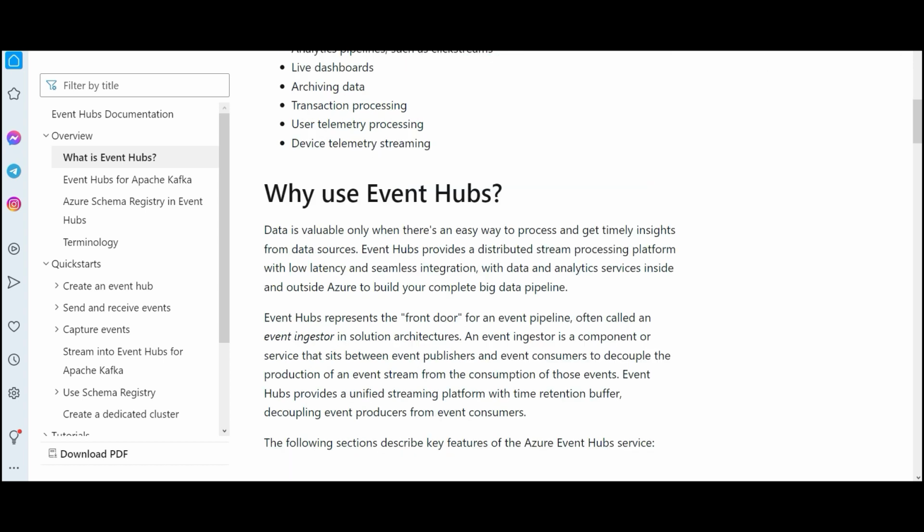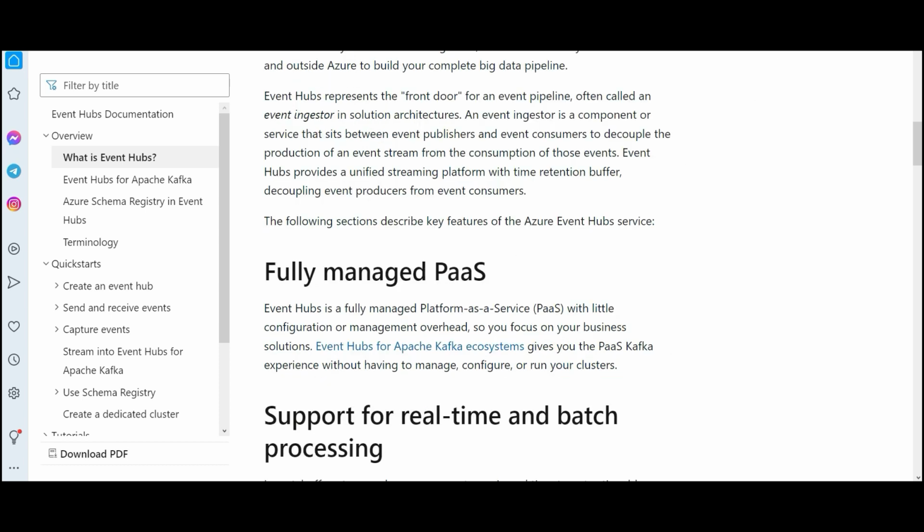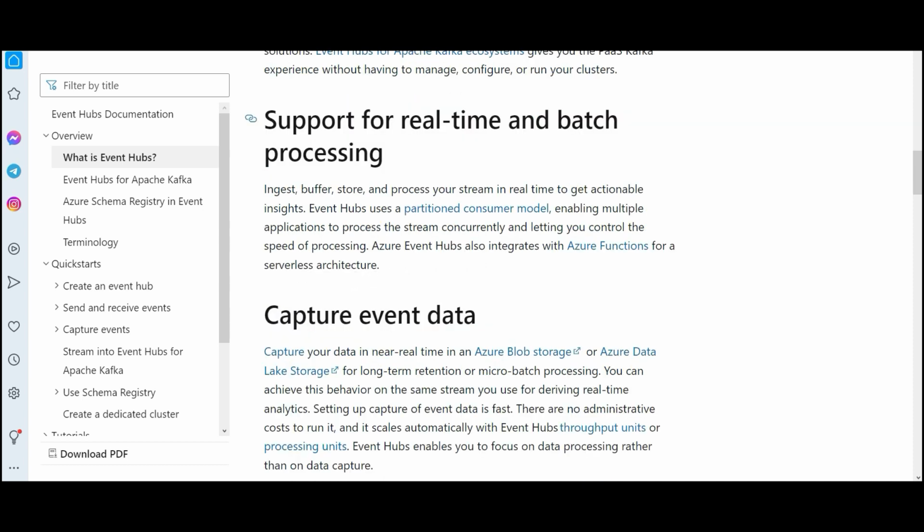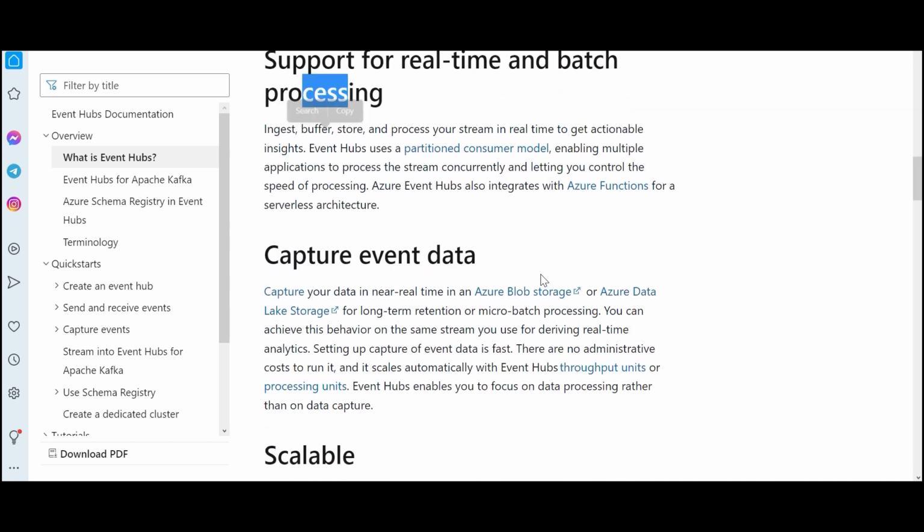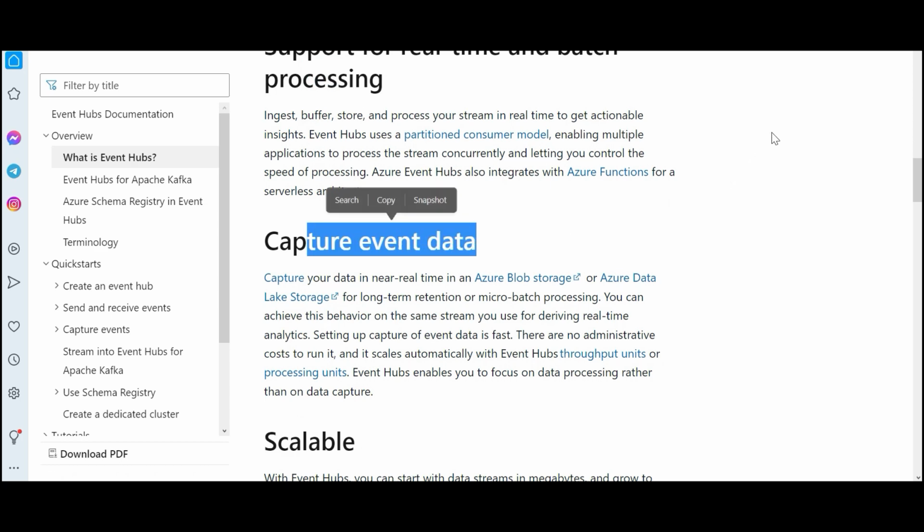This is a good way of processing the data and getting timely insights. It provides a distributed stream processing platform with data and analytics services inside. It is a fully platform as a service with little configuration or management overhead. It supports real-time and batch processing, and you can use it to capture event data.